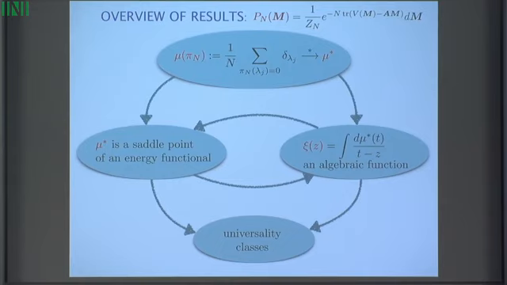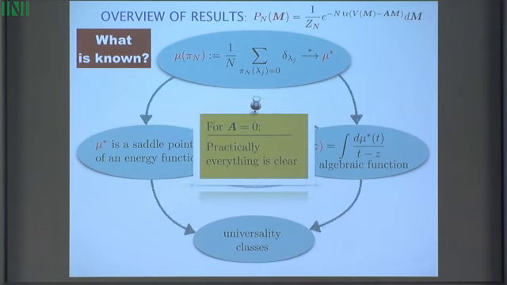So these four objects, and what is known, for instance, a lot of people worked here, many of them even here. Well, for A equal to zero, as I said, A is non-existent, then nothing to do.